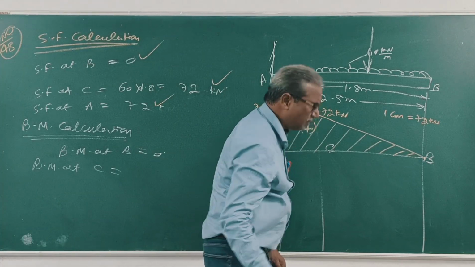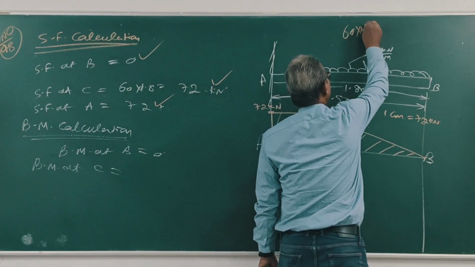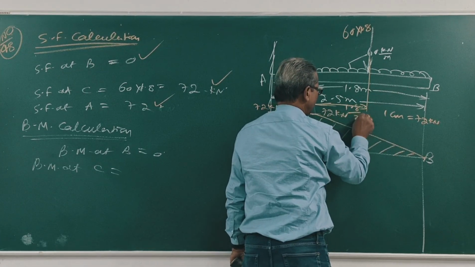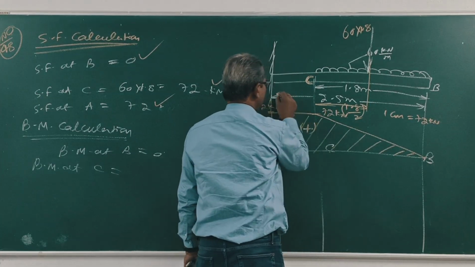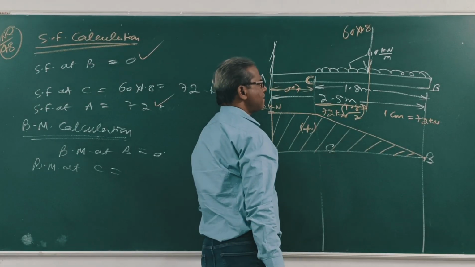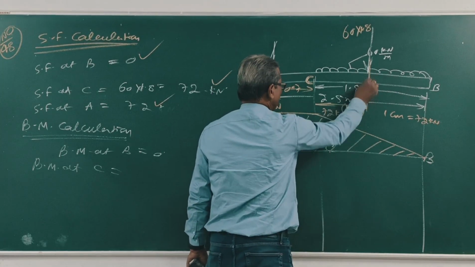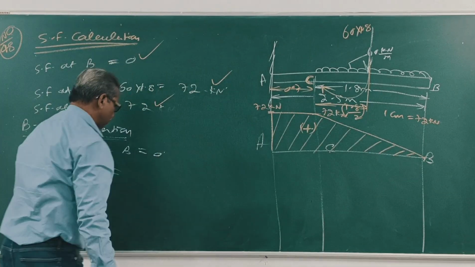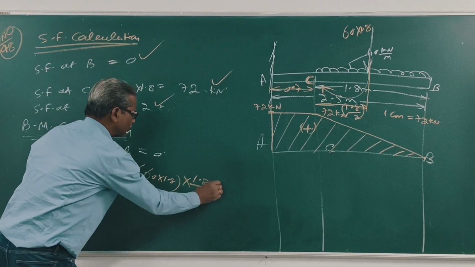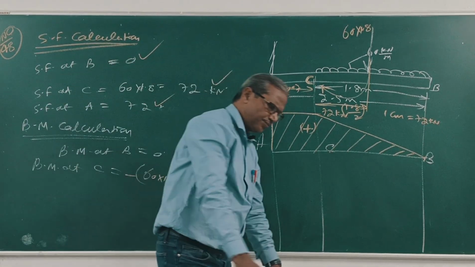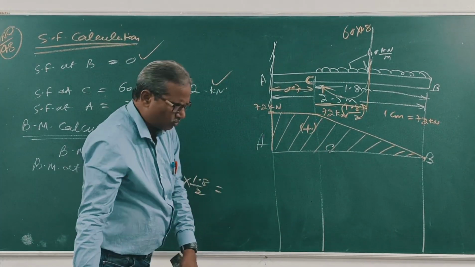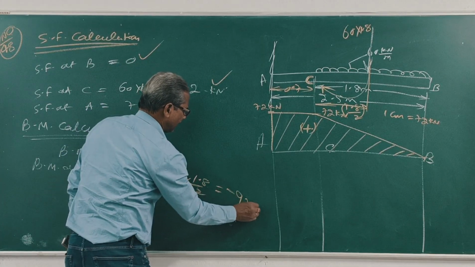This is the bending moment at C. Clear? This is equal to minus 97.2 kilonewton meter.